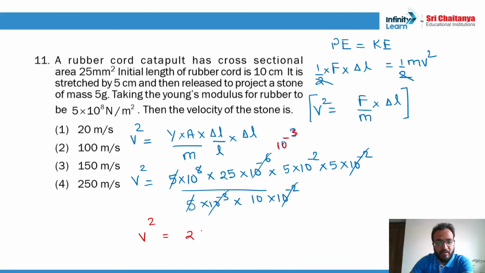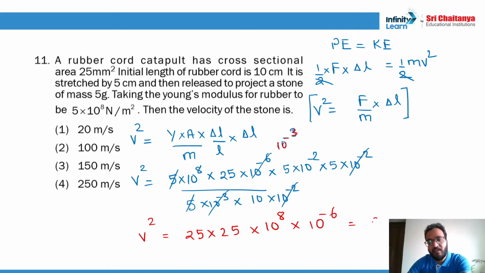So it will be 25 into 25 into 10 to the power 8 into 10 to the power minus 6. That is 25 square into 10 square. So what is V? V will be 250 meter per second.